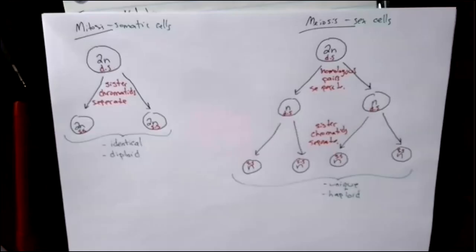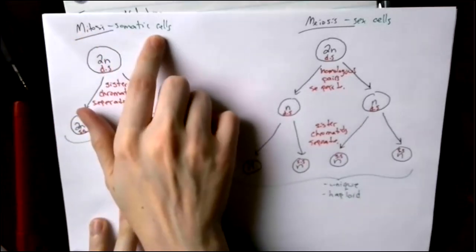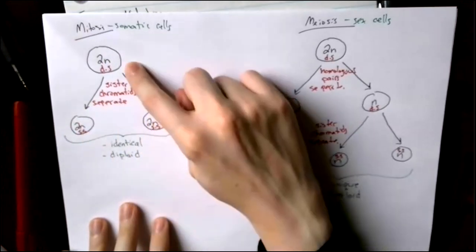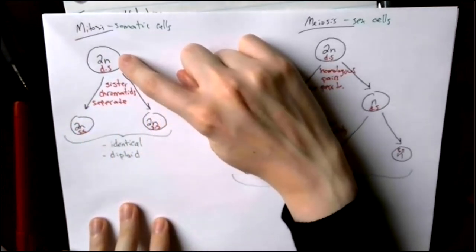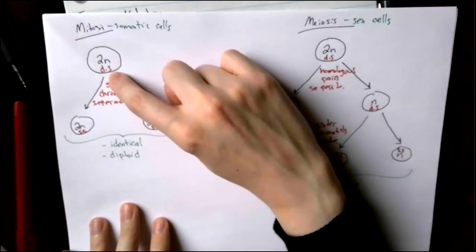Okay, so this is a comparison of mitosis and meiosis. So with mitosis, this happens in somatic cells. The parent cell is going to be diploid, so 2N, and it's going to be double-stranded.